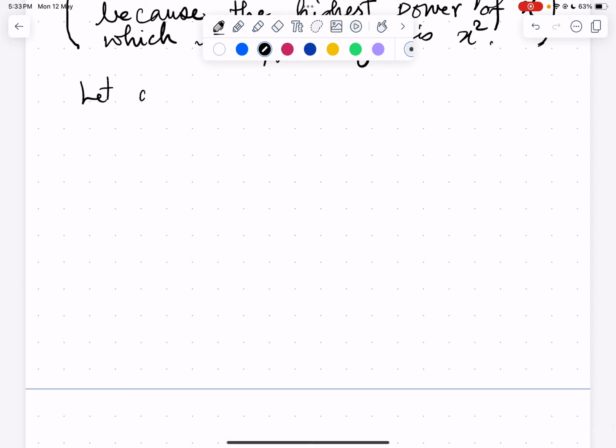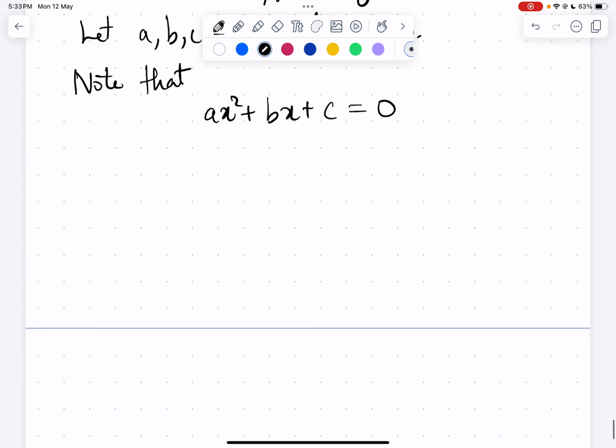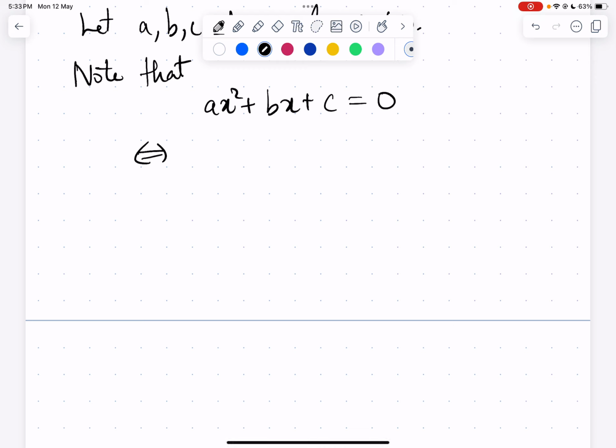Let a, b, c be reals with a not equal to 0. Note that saying ax square plus bx plus c is equal to 0 is same as saying, because you can divide by a, x square plus b by a x plus c by a is equal to 0.